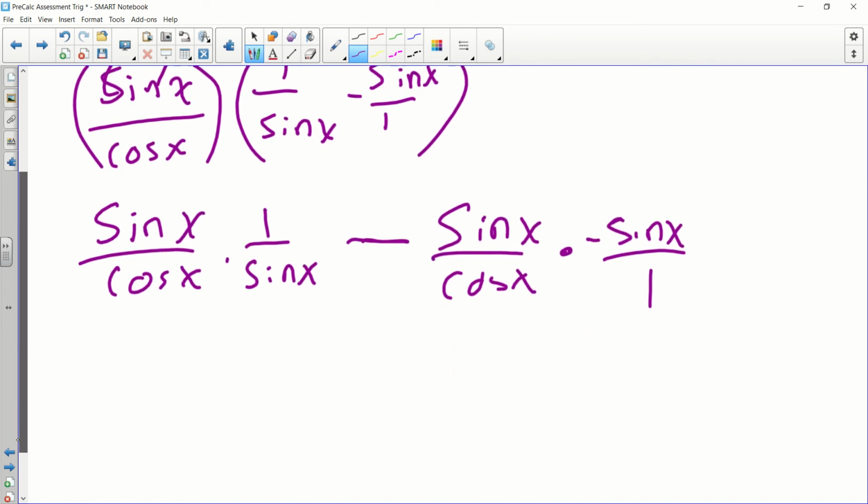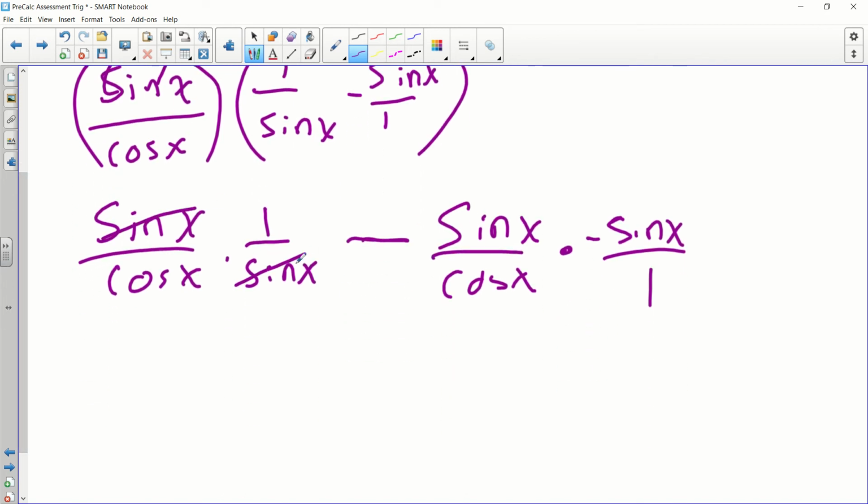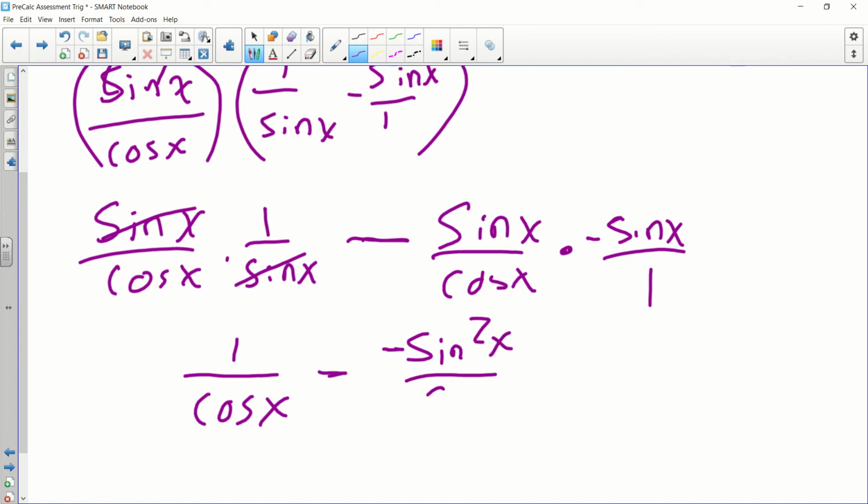When I do that, I end up with 1 over the cosine of x minus negative sine squared of x over cosine of x.